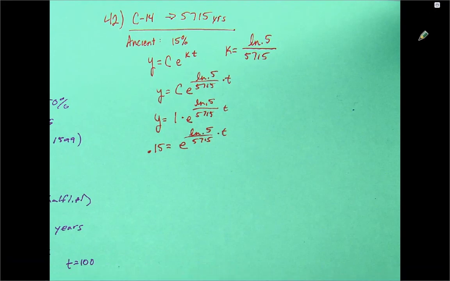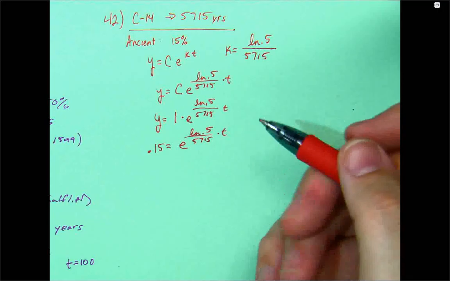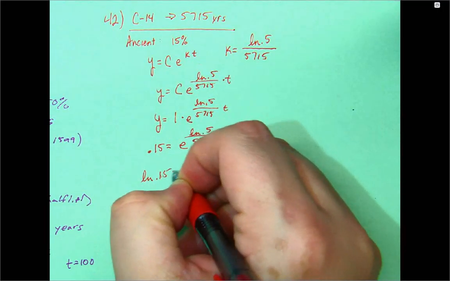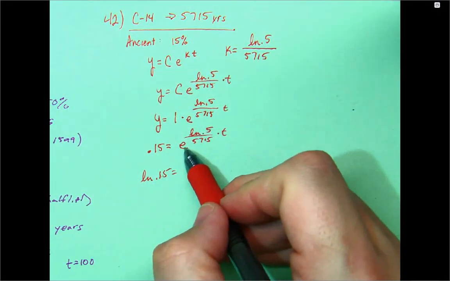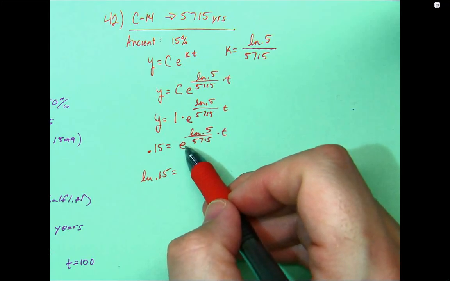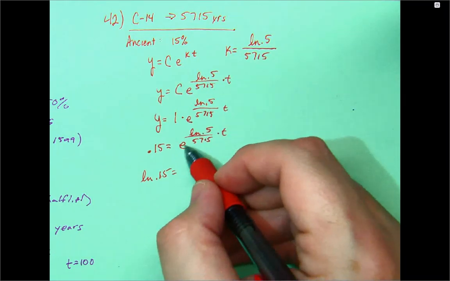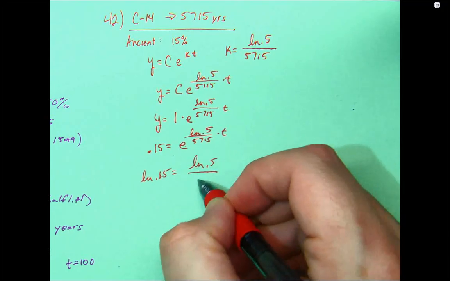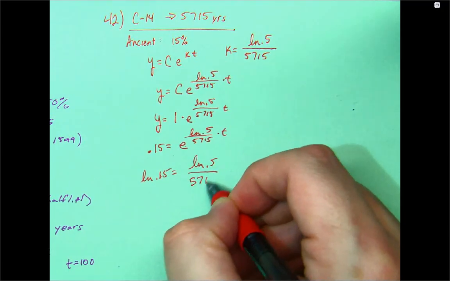If we do that, natural log of 0.15 is equal to, if I take the natural log of e, what am I going to get? It cancels out, which is why we want to do it, right? So if I take the natural log of e, that's gone. I'm left with natural log of 0.5 over 5715 times t.